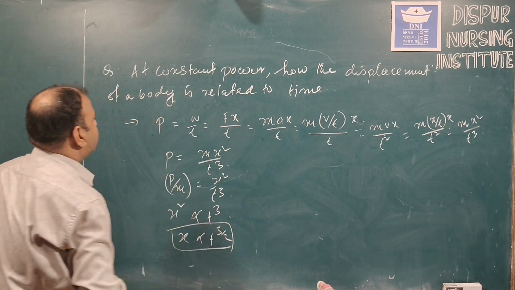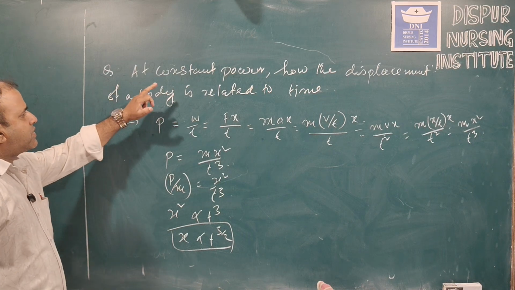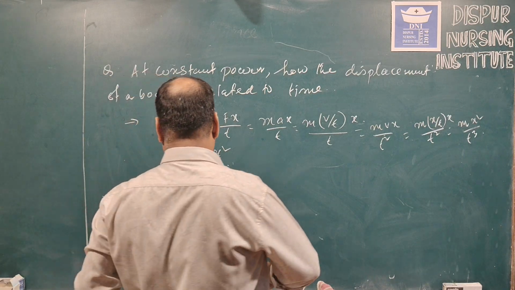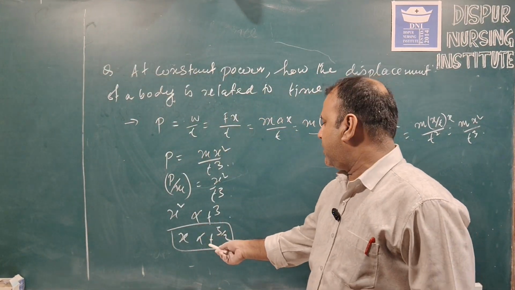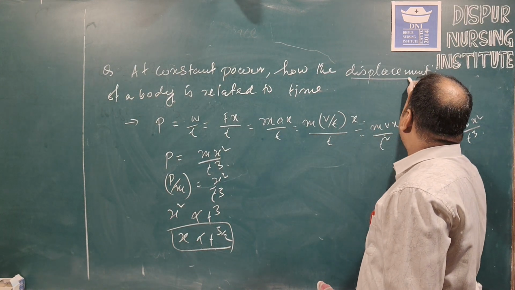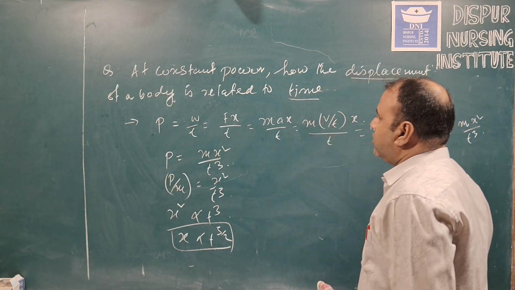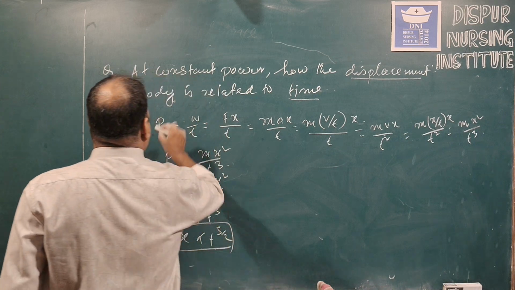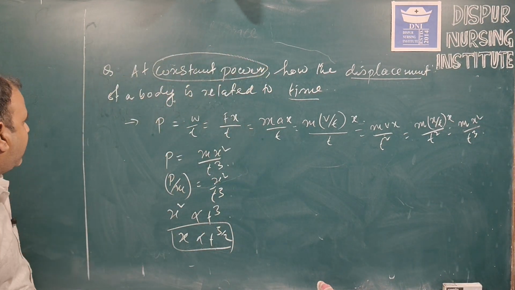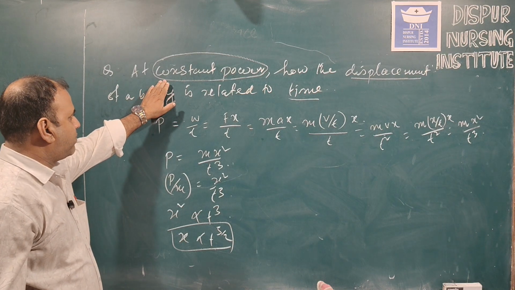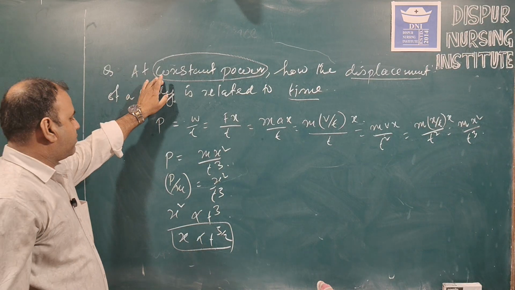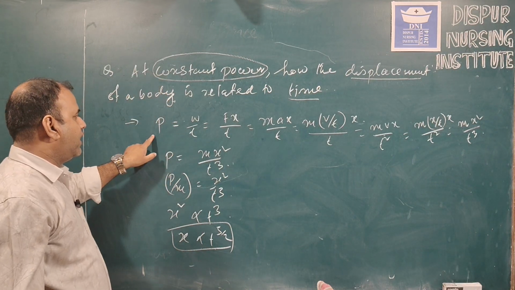So this is the question: at constant power, how the displacement of a body is related with time. Already you know x is the displacement and t is the time, so this is the relation. According to our question, the displacement time relation is given. You only have to remember that when constant power is given to you, from it you can easily calculate like this.